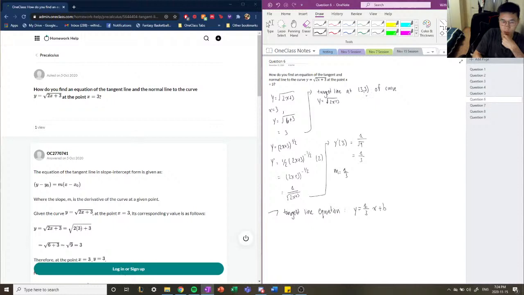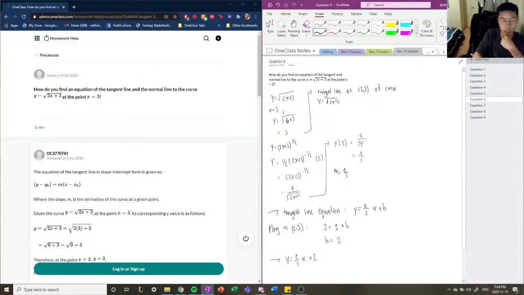We know that x equals 3 and y equals 3 is a point on this line, so we plug in 3, 3, which gives 3 equals 1 plus b, and we now know that b, or the y-intercept, equals 2. So now we have found our line equation, which is y equals 1 over 3 x plus 2. Okay, cool. So that's the first part of the question. We have found our tangent line to the curve.